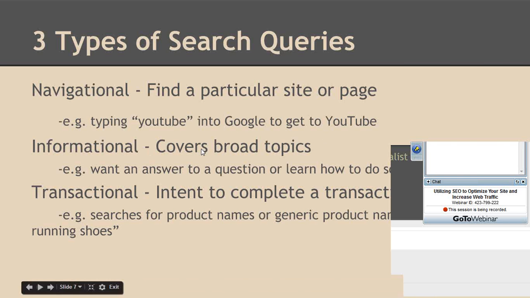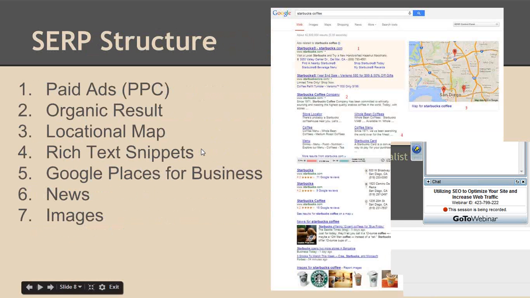Moving on, I just really wanted to quickly show you guys the search engine result page structure that SEOs run into nowadays, because it's really changed over the last few years. You used to get all organic results, but now, as you can see, there's a real wealth of information here that you can tap into.